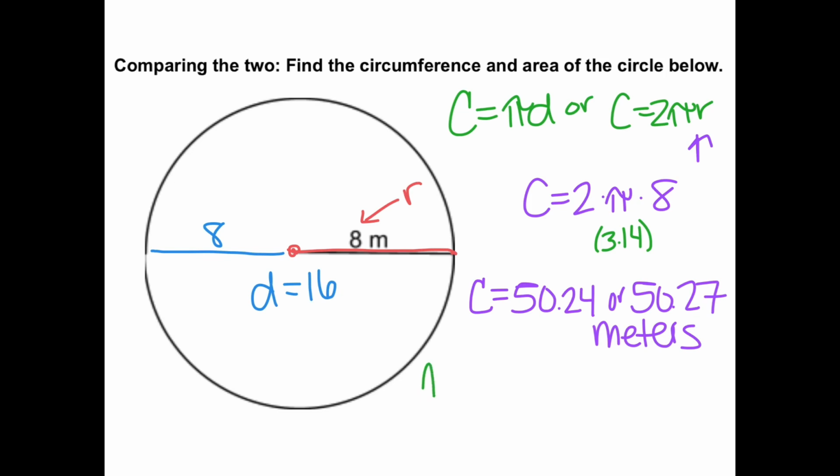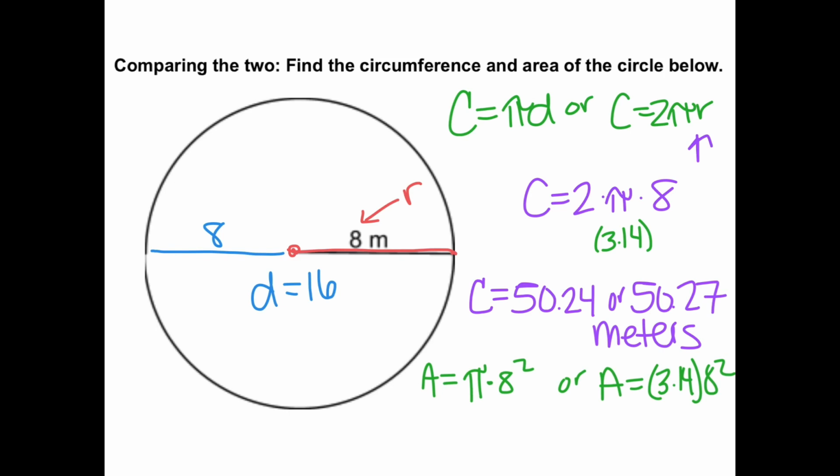Using the formula for area, I'm going to go ahead and use pi times 8 squared, put my little multiplication symbol there. Or area equals 3.14 times 8 squared.